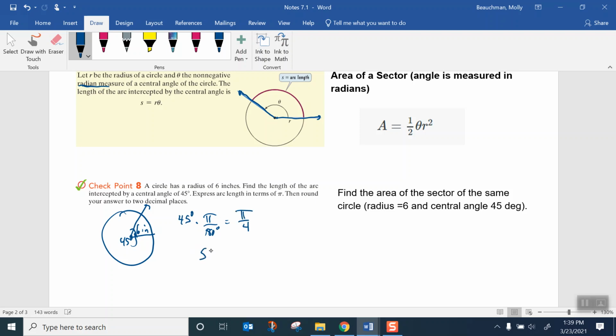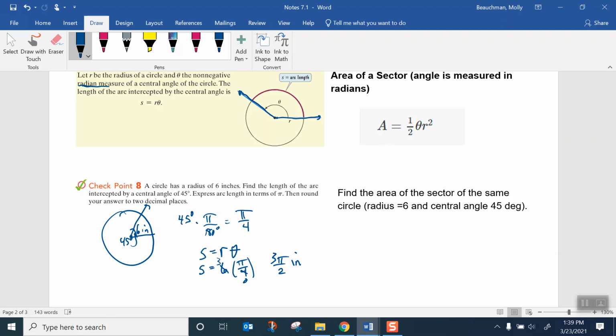So the arc length is the radius times the angle measure. So our arc length is our radius 6 inches times pi over 4. Let's see, we can cancel our fractions, divide by 2, this is 3, 2. We get 3 pi over 2, and it's measured in inches. So the arc length is 3 pi over 2 inches.